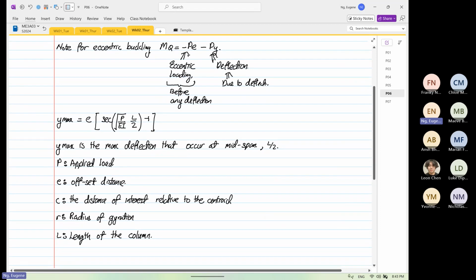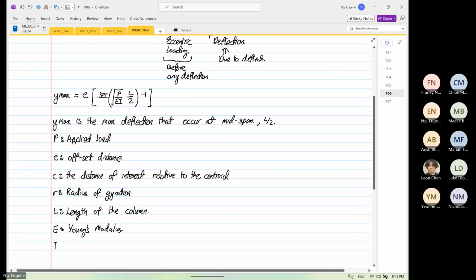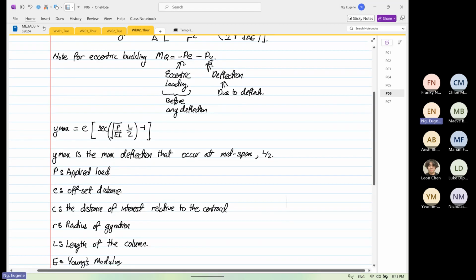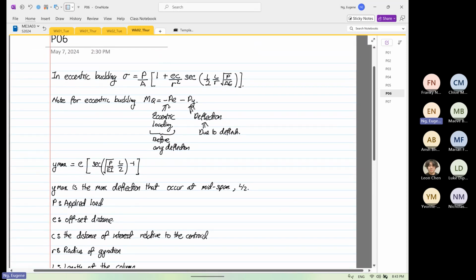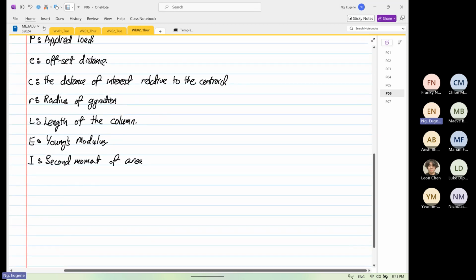And then we have E, which you're familiar with, is our Young's modulus. I is our second moment of area. And what else? And that's it. Any more terms that you're not familiar with? A is our cross-sectional area.